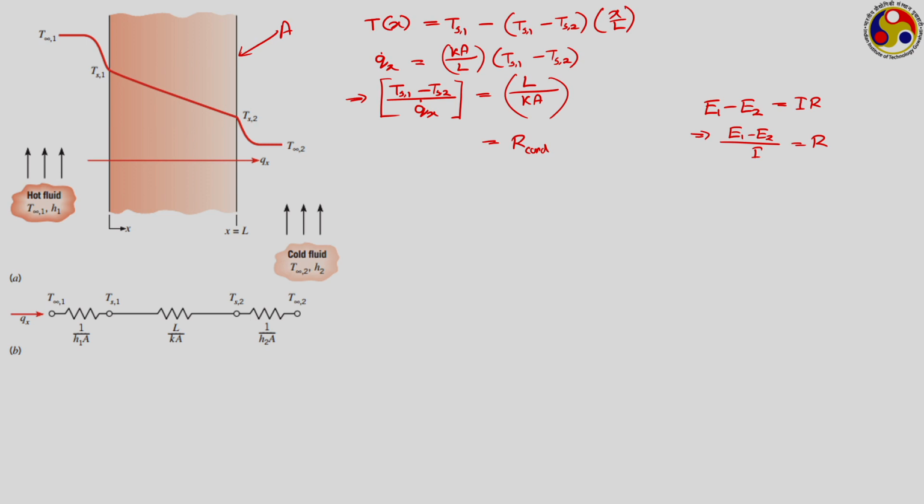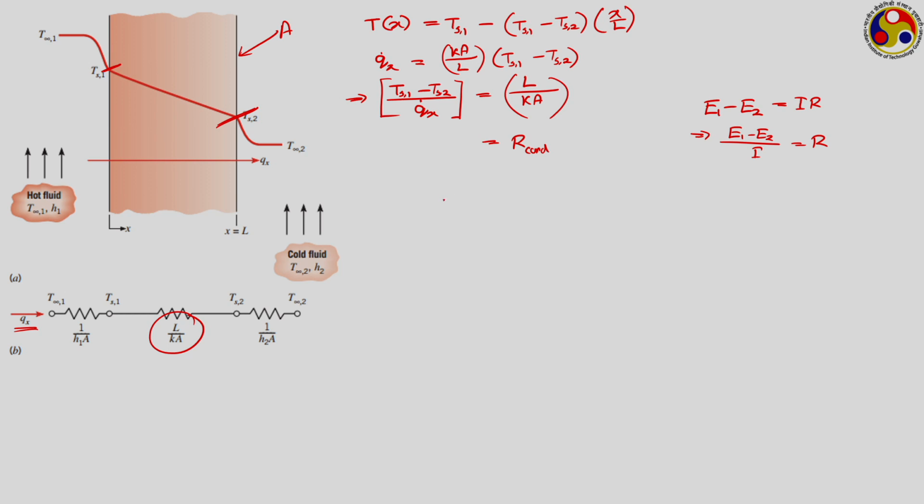So, we can virtually think about using an electrical analogy: on one side of the wall you have a potential T S 1, on the other side you have a potential T S 2, and in between you have a thermal resistance of L upon K A, and accordingly some heat transmission Q dot X will be happening between T S 1 and T S 2.